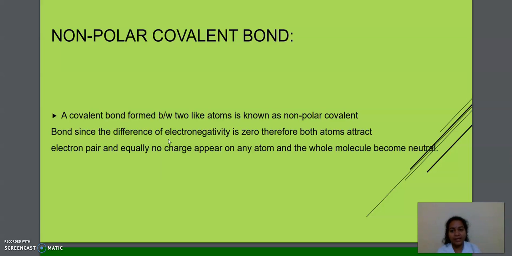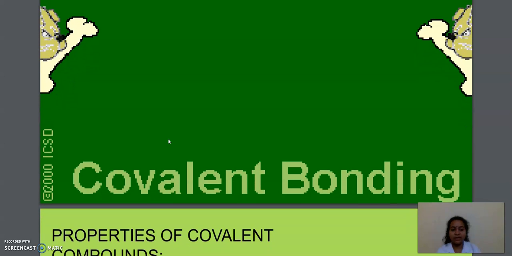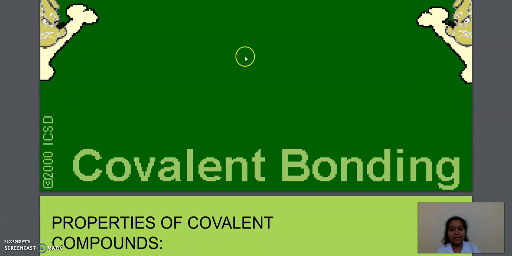There will be no polarity because both are the same, both having the same electronegativity, so they won't attract the shared paired electrons anywhere. So here we can see both having the same charge, so they won't attract their electron pairs anywhere.